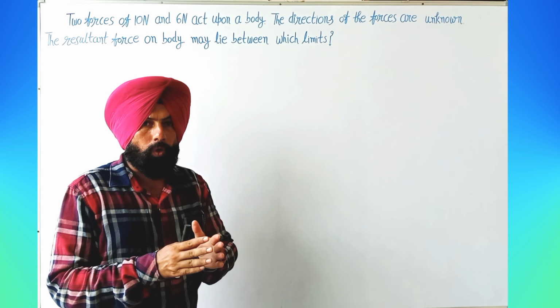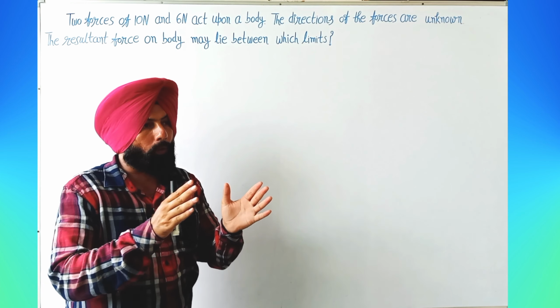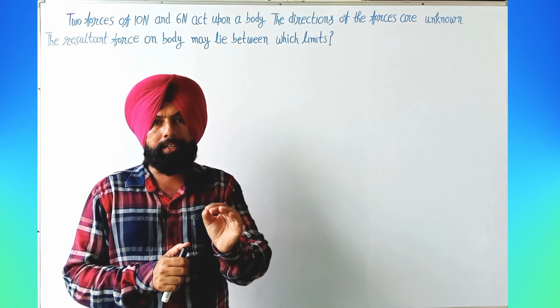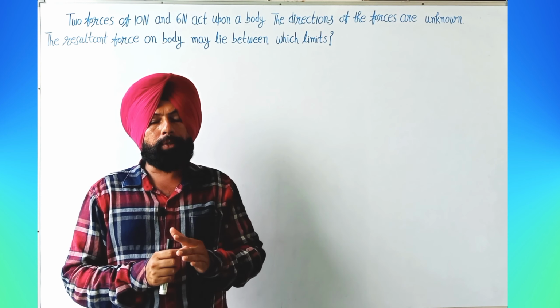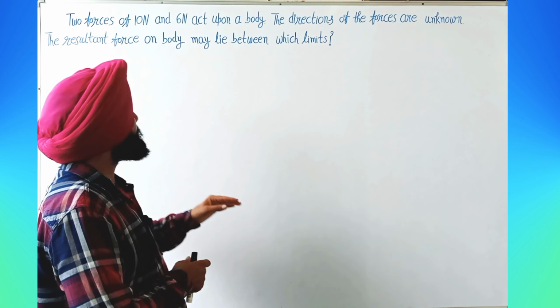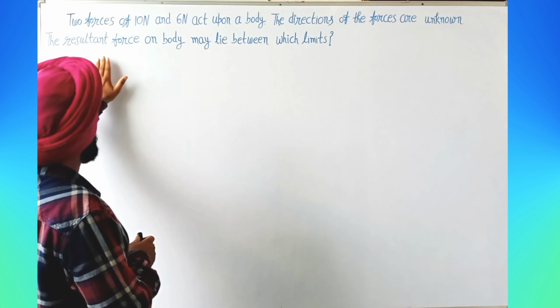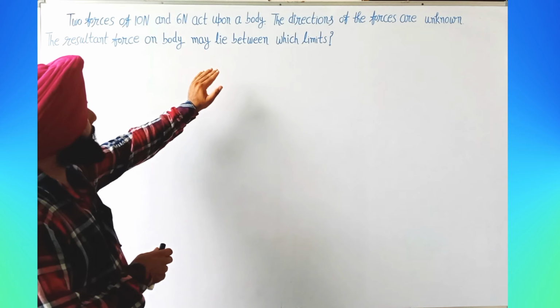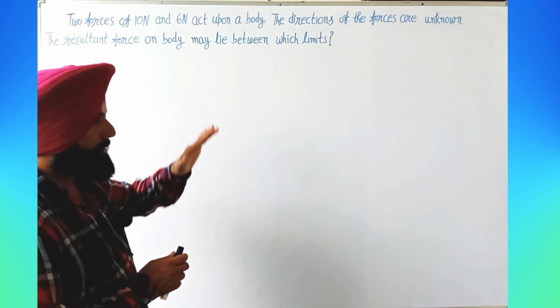We don't know about the direction of forces. Means these two forces acting on a body, we don't know what are their directions. The resultant force on body may lie between which limits.